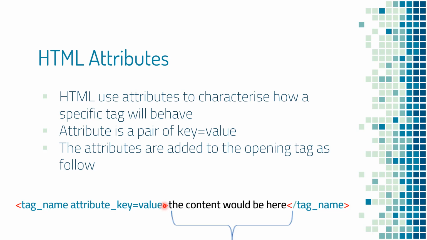So if we wanted to include, let's say, the ID of this tag and the style of this tag, then we should write something like ID equal, let's say, 1, space, then the other one, which is style. We'll write style equal, and add the style that we wanted to apply to this tag.